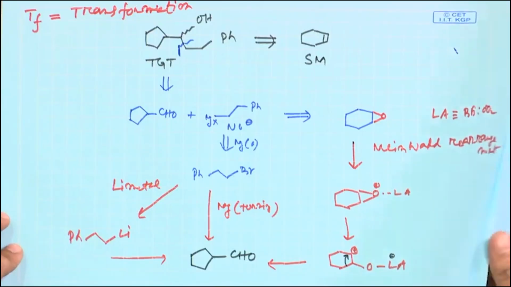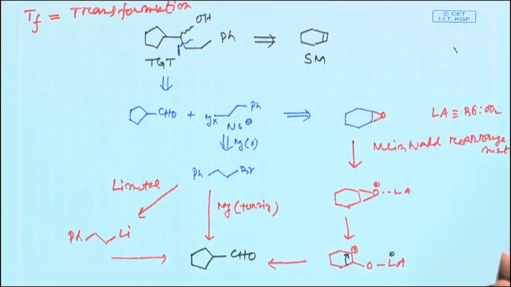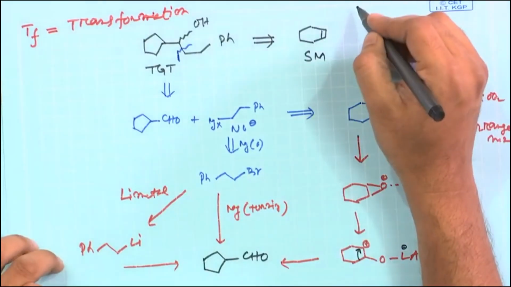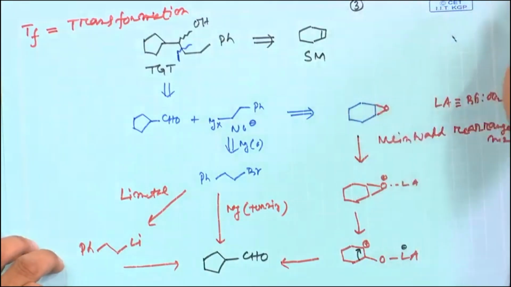That will be the major outcome of the reaction. It is synthetically very useful, and I have used a very simple Meinwald rearrangement to give your main target as we discussed here.